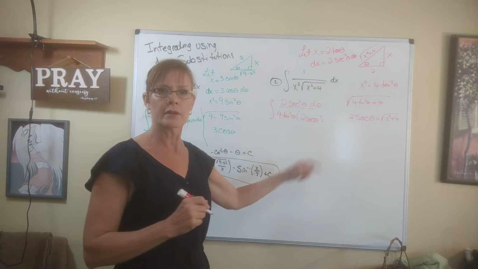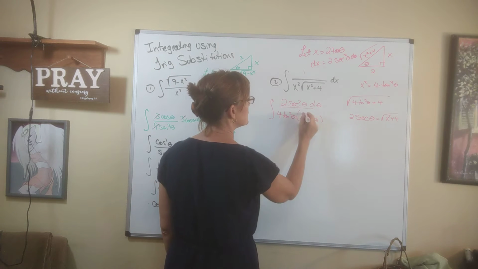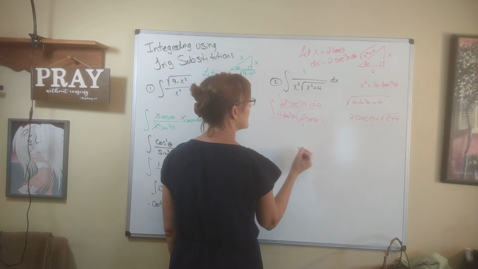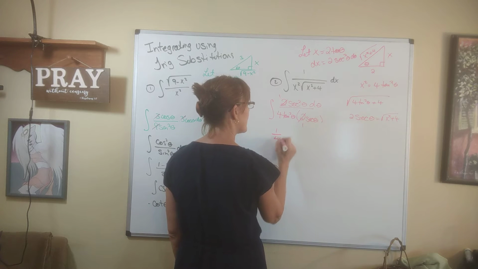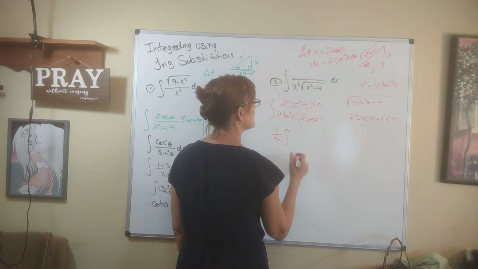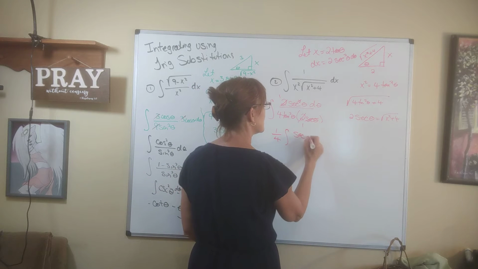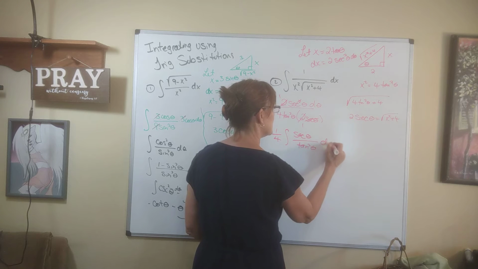And this is what I work with. Okay, let's do it. 2 goes into 2, that's gone. If I want to scoot the 1/4 out, I'll scoot the 1/4 out. That took care of all the numbers. One of these is gone. So I'm left with the secant of theta over tangent squared theta d theta.